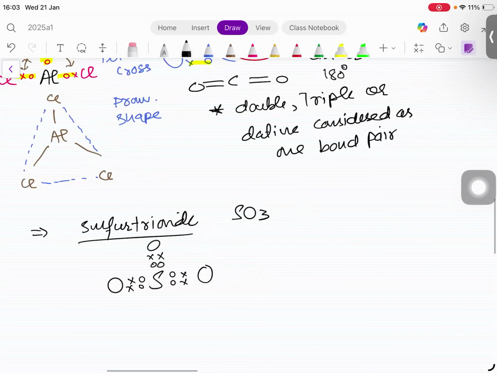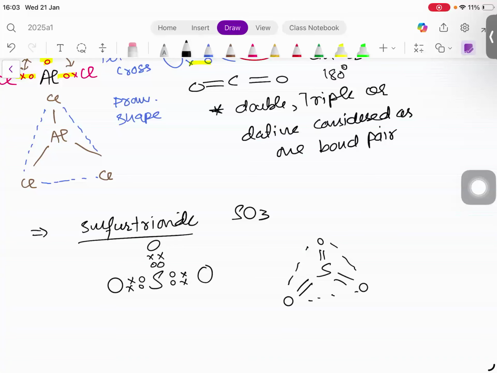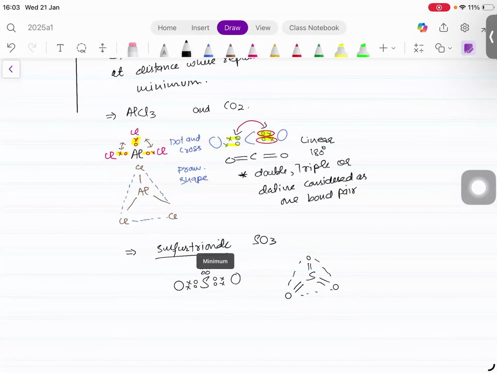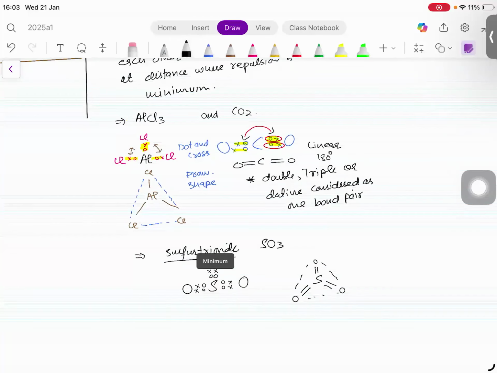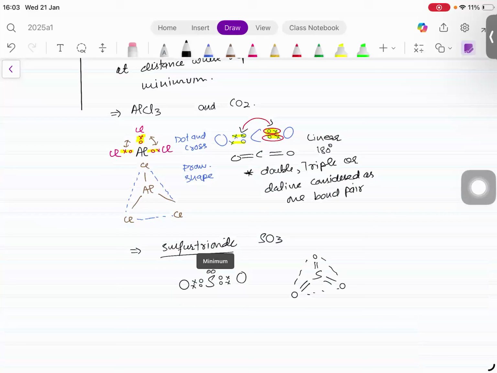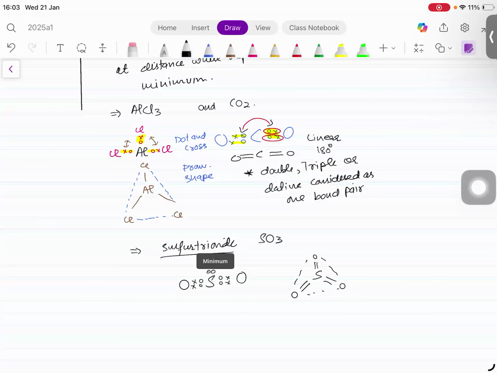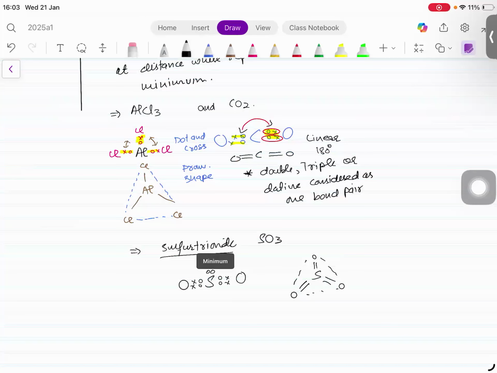So if there are three bond pairs, what will be the shape? Trigonal planar. So this is how we look at the shapes. Now, moving on. Any question up to this point? So sulfur trioxide, carbon dioxide, aluminum chloride, boron trifluoride, and beryllium chloride. These are the molecules, the shapes we have already considered.